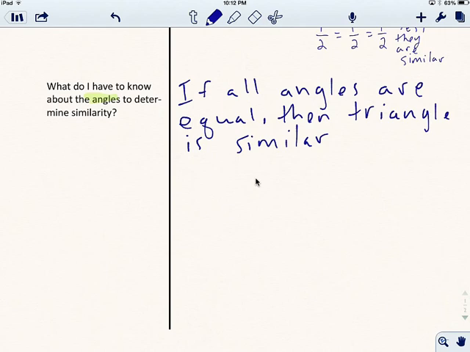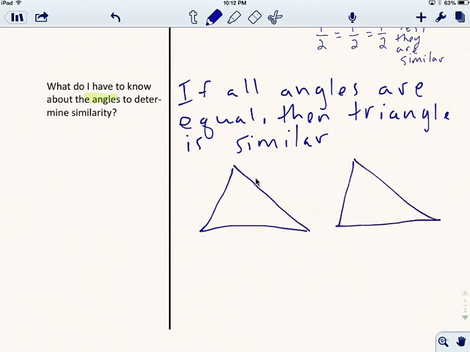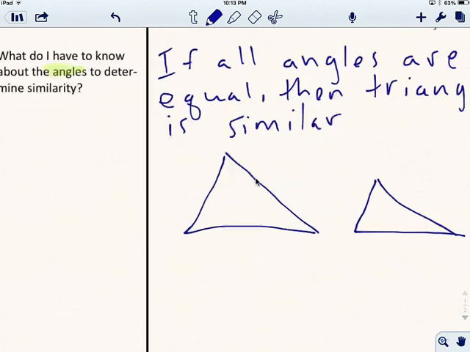But now let's look at two different triangles. So let's say that I've got a triangle here, and I've got a triangle here. Whoops. Let's make that triangle a little bit different size. Let's make it look similar, like that. Okay. And so now let's say that I've got angles.